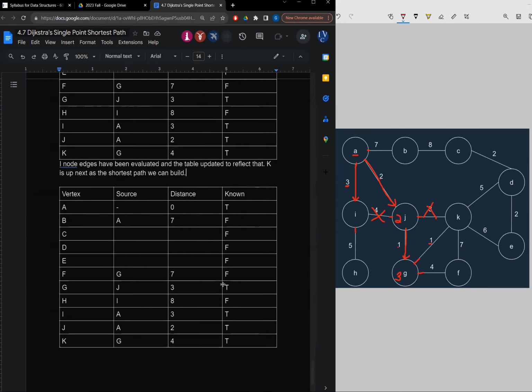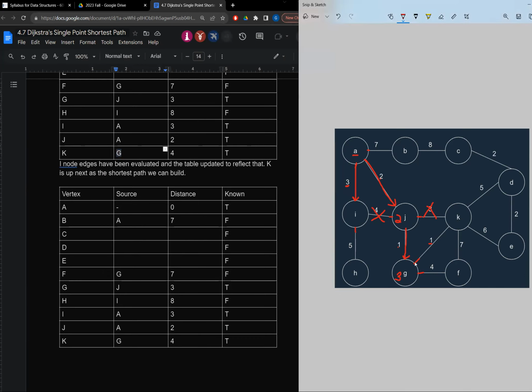Okay, so we're going to K. And we're going to K from G, as the table says here. So we'll go ahead and draw an almost straight line to K. K has edges not yet previously processed, so we'll go ahead and update the table based off that. Path to D, 5 plus the cost to get to K. So let's see, I cost us 3 to get here.